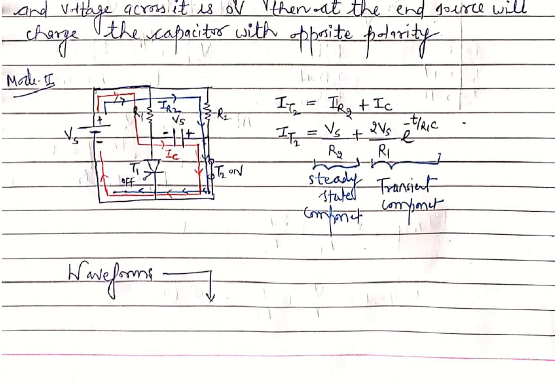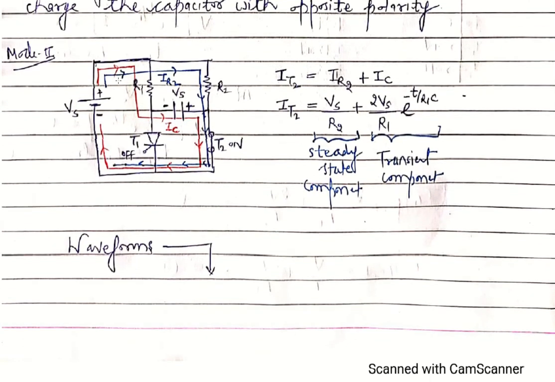But what will happen in the second mode? In the second mode, thyristor T2 will be on and thyristor T1 will be off, as the pulse is applied to thyristor T2. In this mode also two currents are flowing, one through this R2 resistance and one through this R1 and C branch, shown in red color. So two currents are flowing here.